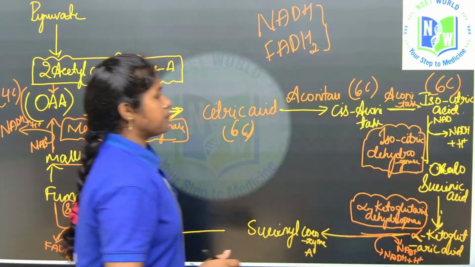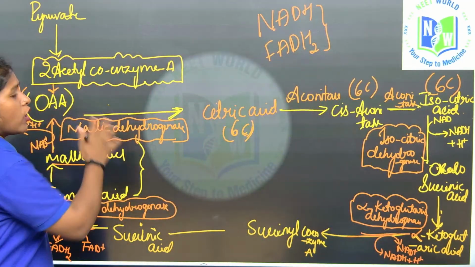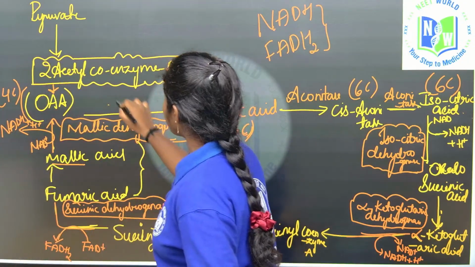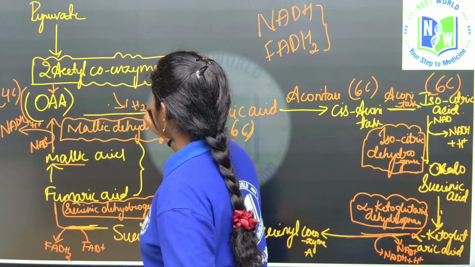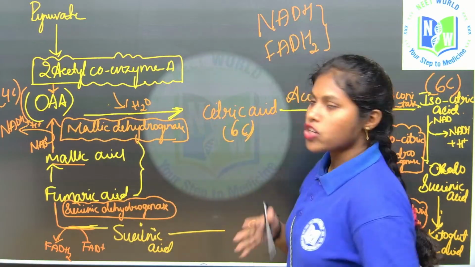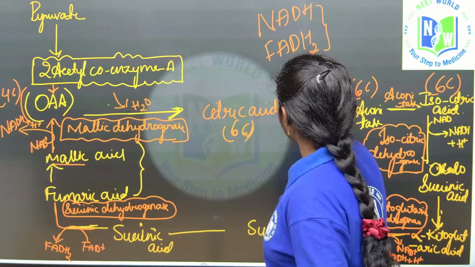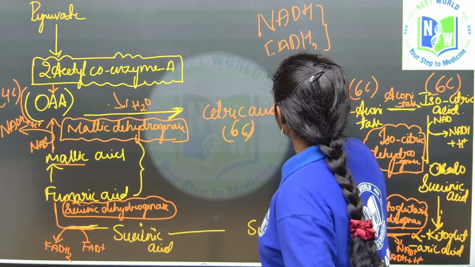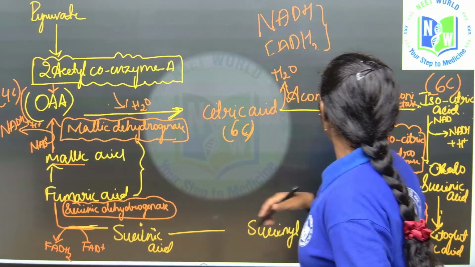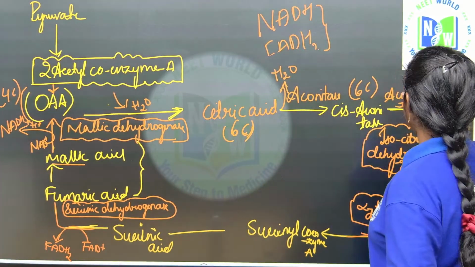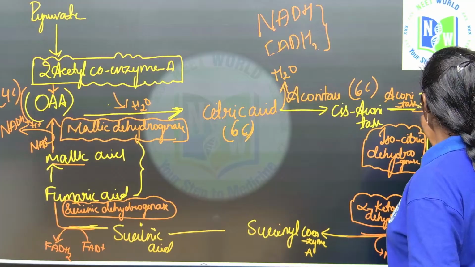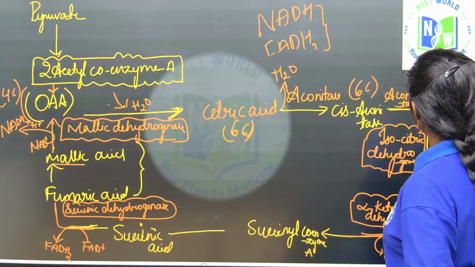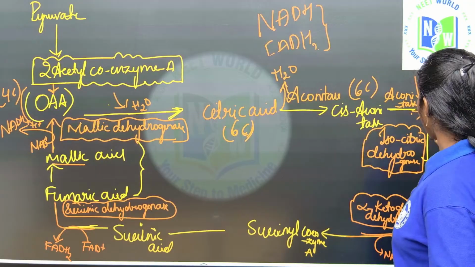Here the water molecule also wants to come inside along with them, but citric acid does not accept it, so the water molecule is sent out. Again, it is added, and when water is added, the cis-aconitic acid forms the isocitric acid.